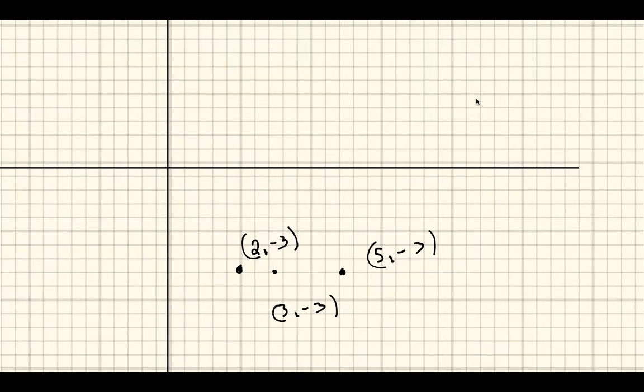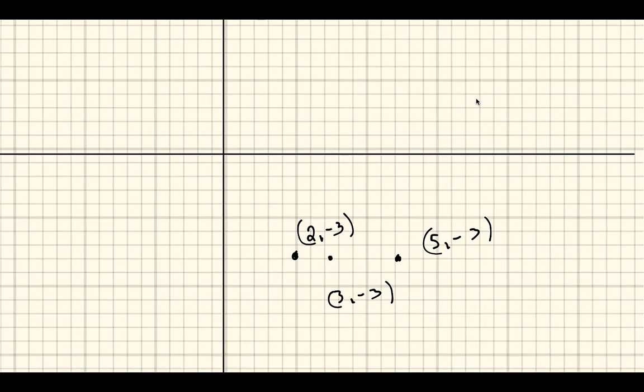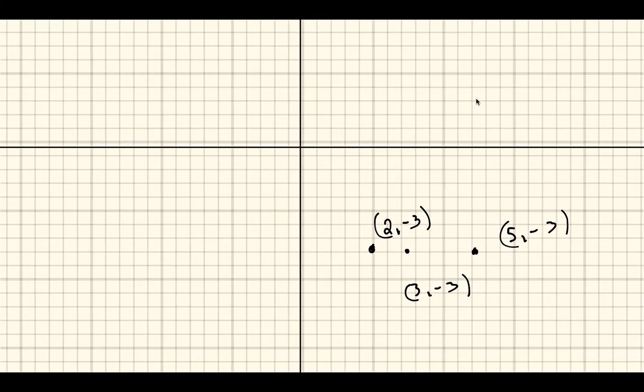You see here, the distance from my center, which is this point at (2, -3), to my first vertex has a distance of 3. So my other vertex should be over this way, to the left, a distance of 3. So my other vertex should be at (-1, -3).